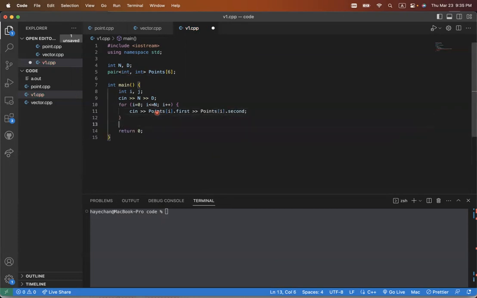Okay, so now that we've read the input, we're going to come up with the traveling logic. We're going to write a function called travel that does the job of traveling for each of those n trips.